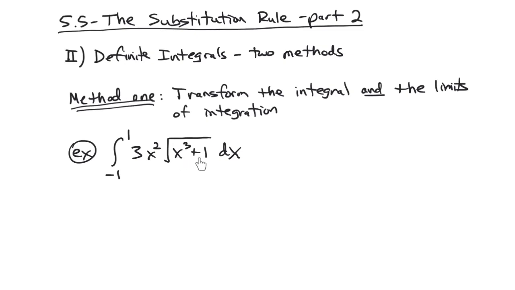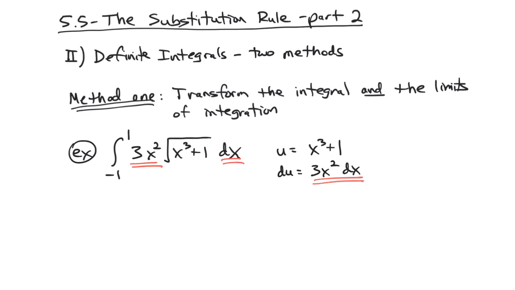So if we let u be this inside function, this function underneath the radical, right? If we let u be x cubed plus 1, then du is going to be 3x squared dx. And look how lucky we are. 3x squared dx is right there.